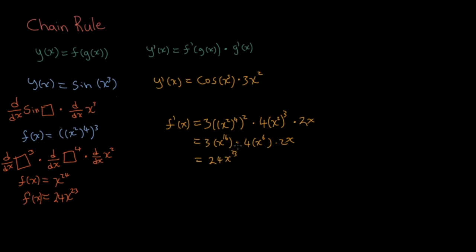So we multiply these coefficients here, and then we take these x's and add up the exponents: 16 plus 6 plus 1, that would be a 1 there, is equal to 23. So as you can see, we get the exact same answer here and the exact same answer here. So that is the chain rule.